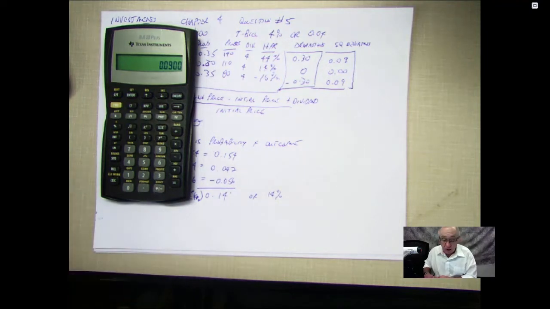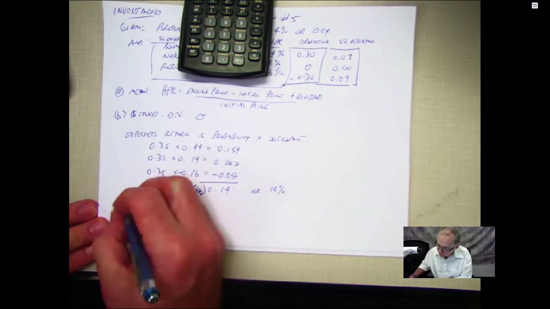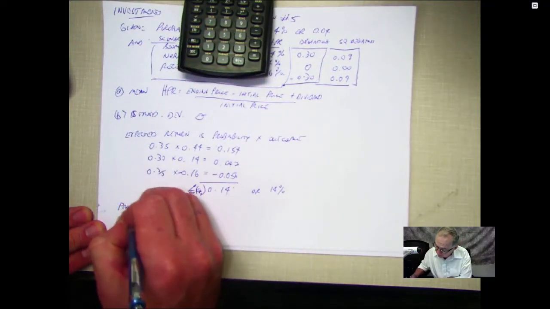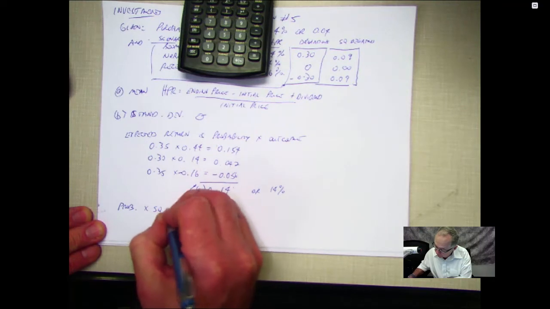Our next step is then probability times squared deviations.